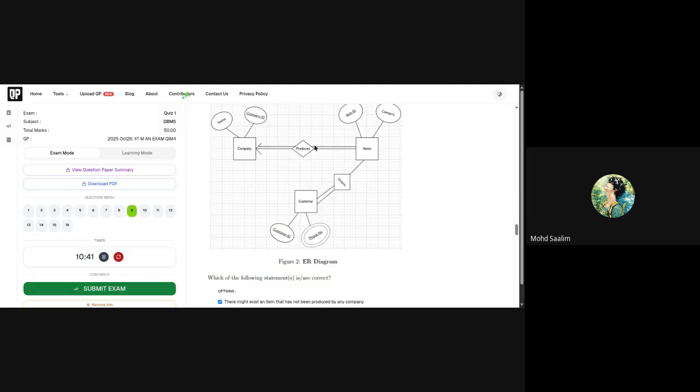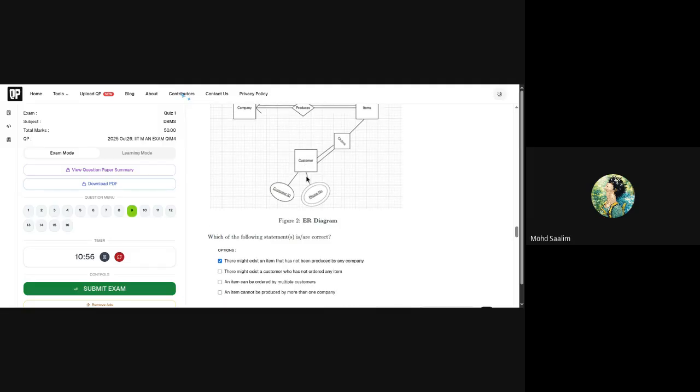But no, this double line is directly saying that every single item should participate in this relationship at least once, right? So this is about interpreting the cardinality and the participation from the ER diagram.